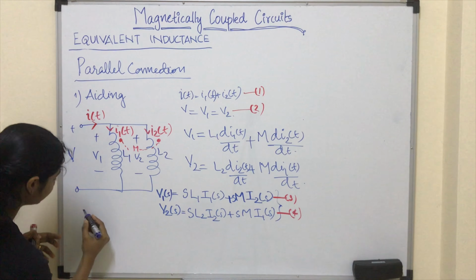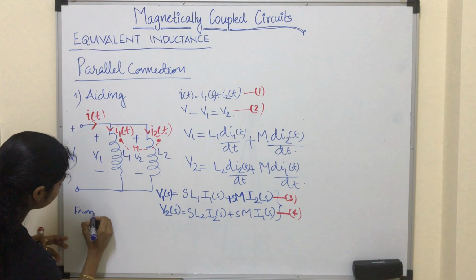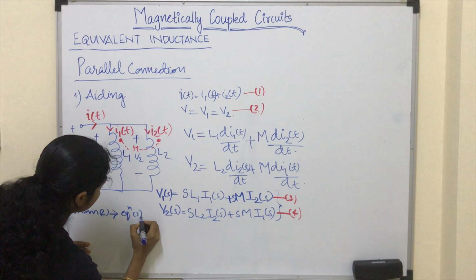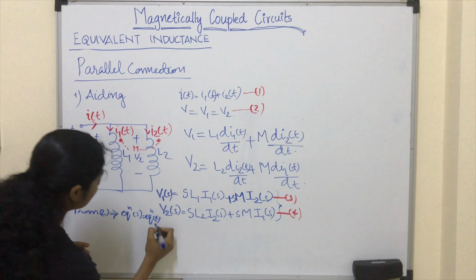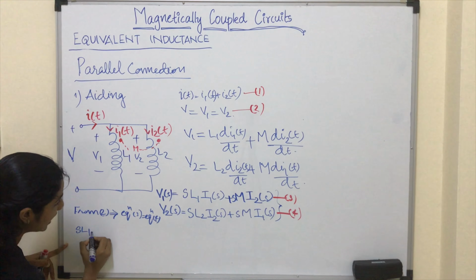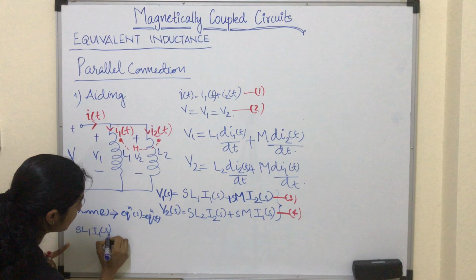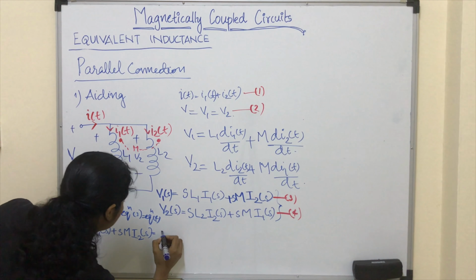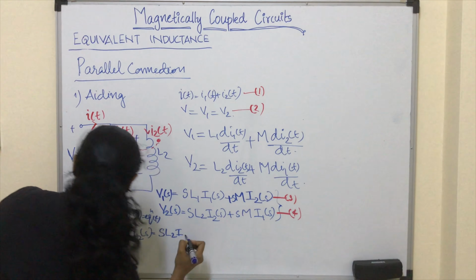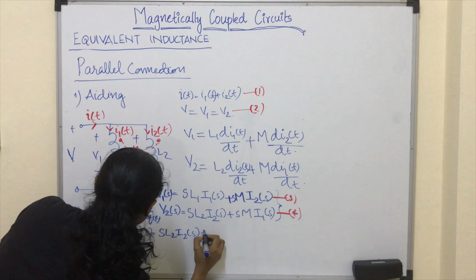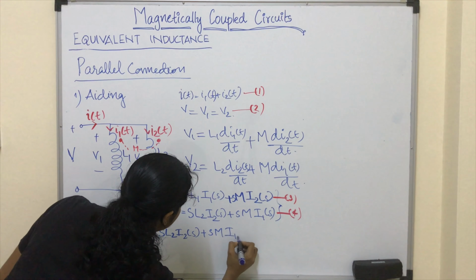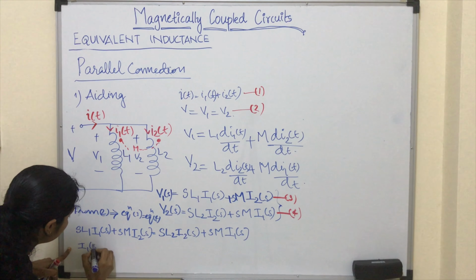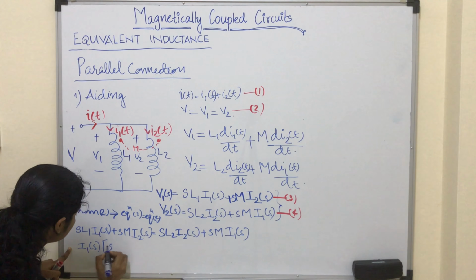From 2, we know that equation 3 equals equation 4, that is S into L1 into I1 of S plus S into M into I2 of S is equal to S into L2 into I2 of S plus S into M into I1 of S.